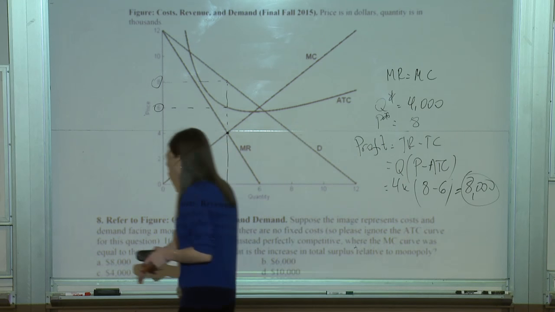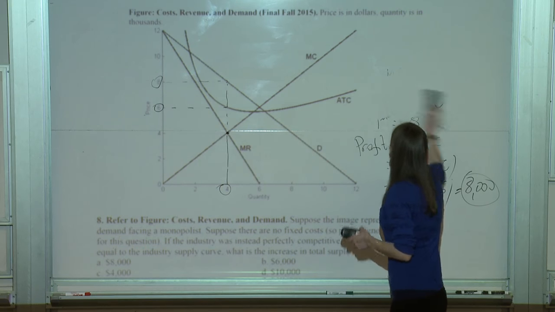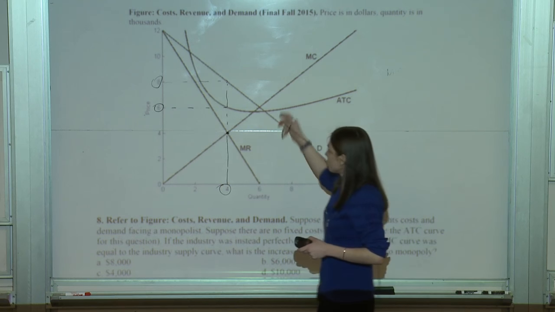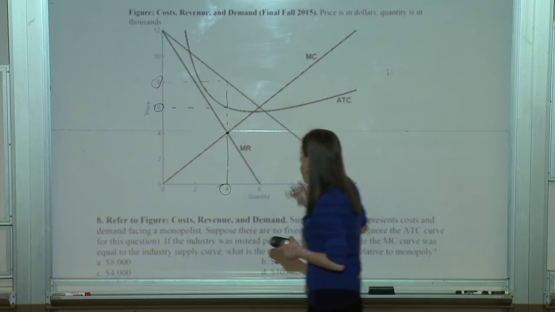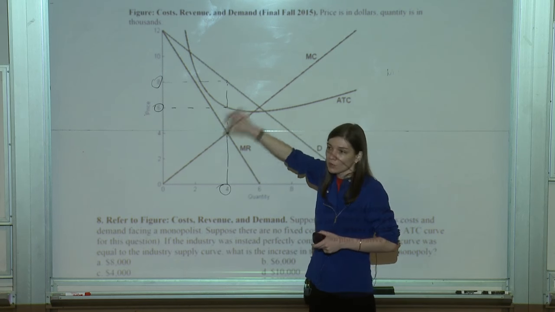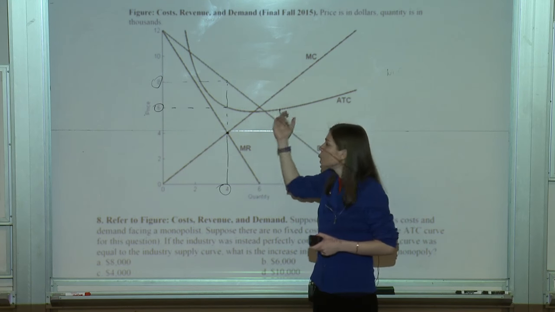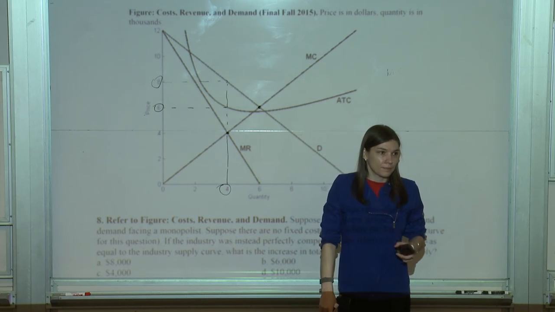Well, we know that in perfect competition, the price is going to equal the marginal cost. In the industry generally, if this is the supply curve, the marginal cost curve here, we're assuming that this is the supply in a perfectly competitive industry. So basically, it will be the point at which supply equals demand.